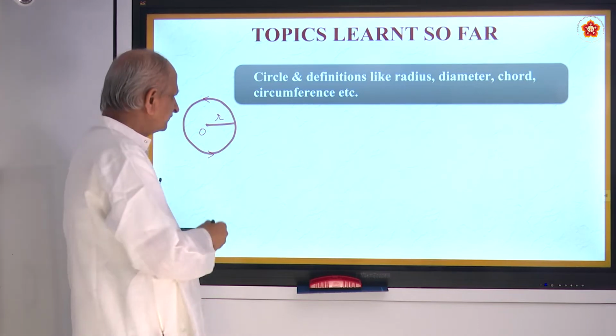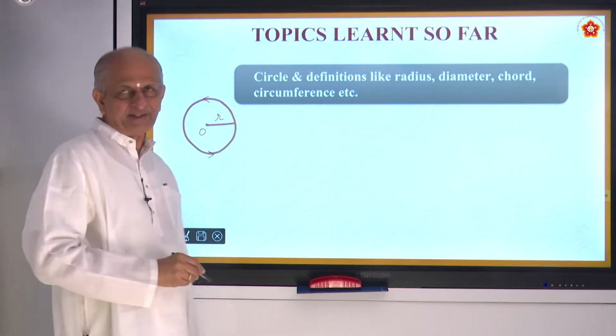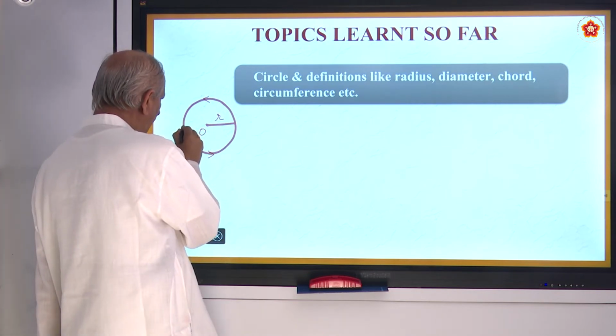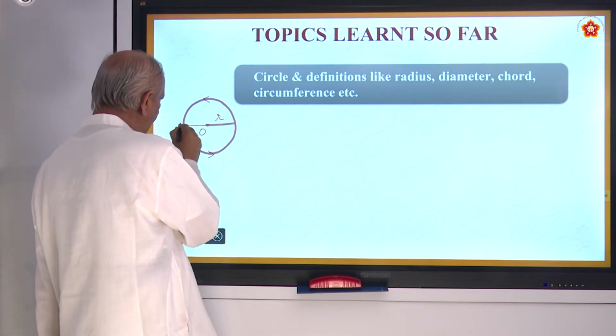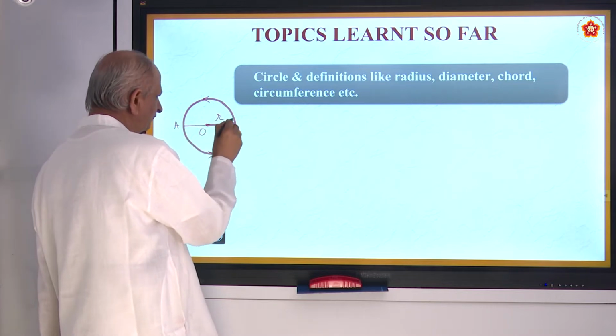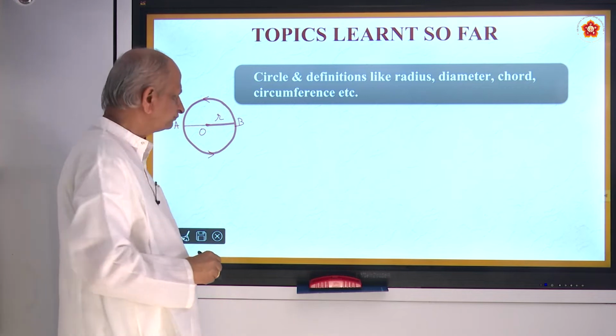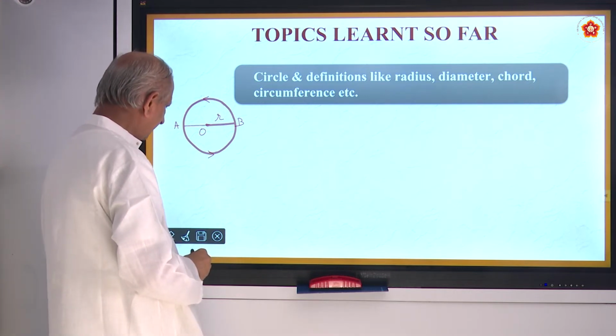And diameter, what is diameter? It is the line joining any 2 points of the circumference passing through the center. That is diameter.